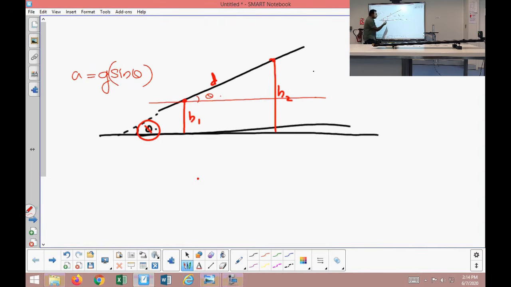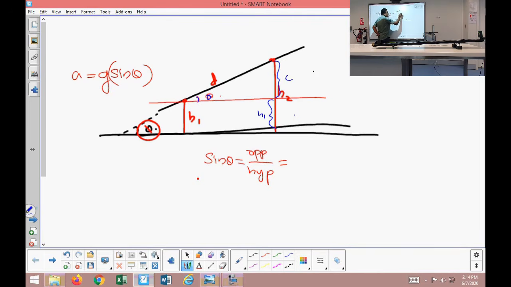What is sine theta? We know that sine theta is the opposite side over the hypotenuse. So what is the opposite side here? This is the angle theta, and its opposite side is this. We know that this height is h1 and this total height is h2.